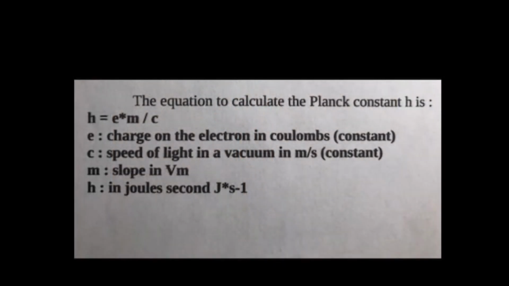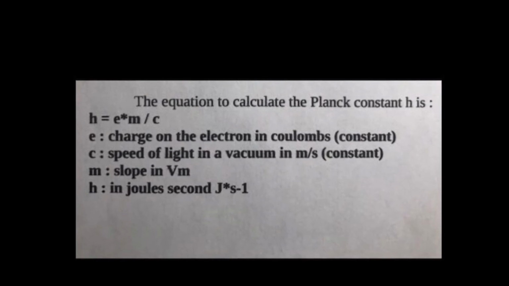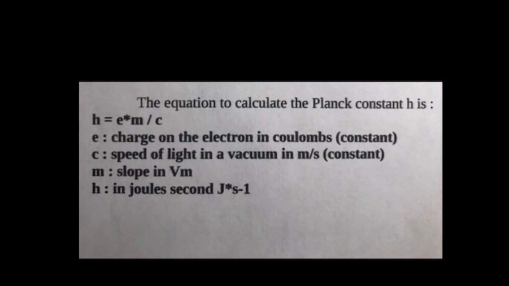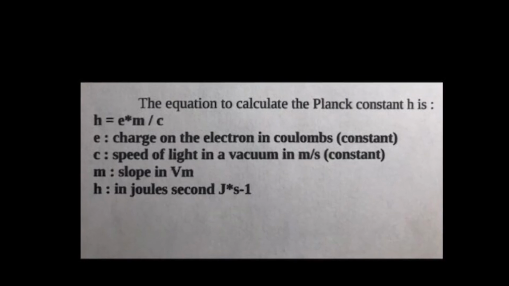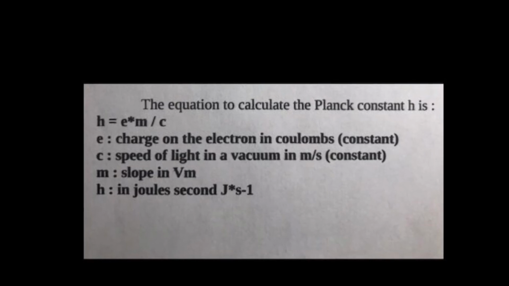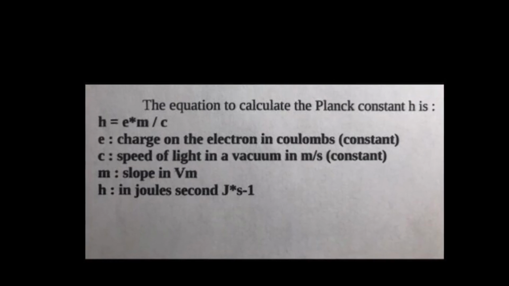We all know that the slope is equal to h times c divided by e, so we solve this equation. The equation to calculate the Planck constant is h equals e times m divided by c, where e is the charge on the electron in Coulomb, which is a constant. c is also a constant.